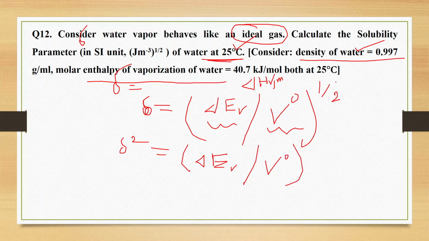Now, this particular term is also known as the cohesive energy density. Now if you have to consider an ideal gas, then you can replace this delta E, the molar energy of vaporization, simply by delta H V minus RT.